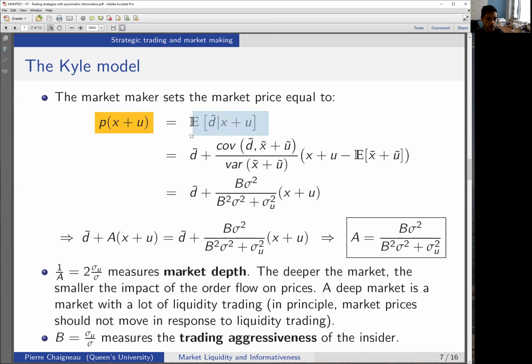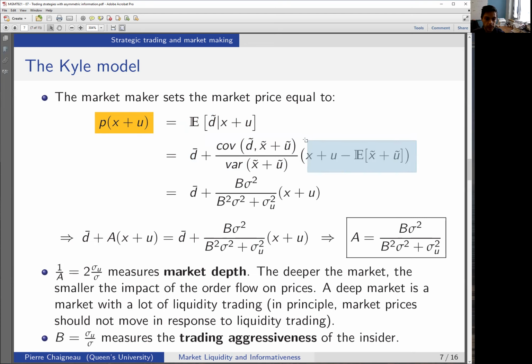So what can we say about this term? Well, here it's simply a conditional expectation. So now we're quite familiar with the concept. What is this equal to? It's equal to the unconditional expectation of d tilde, so that's d bar, plus this term which reflects belief updating by the market maker after the market maker observes the order flow.